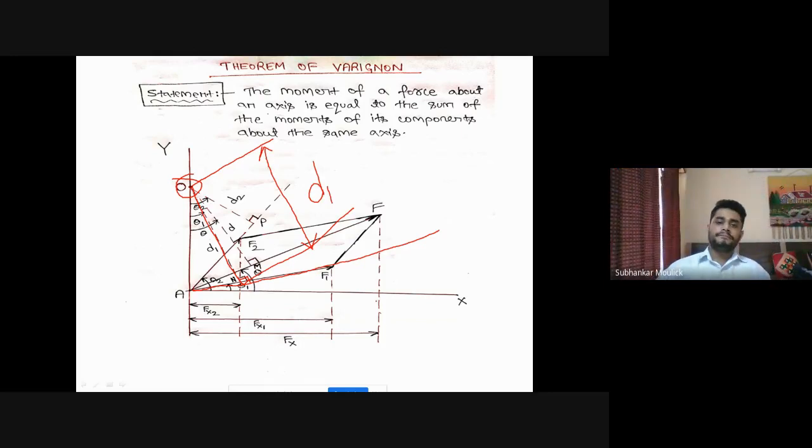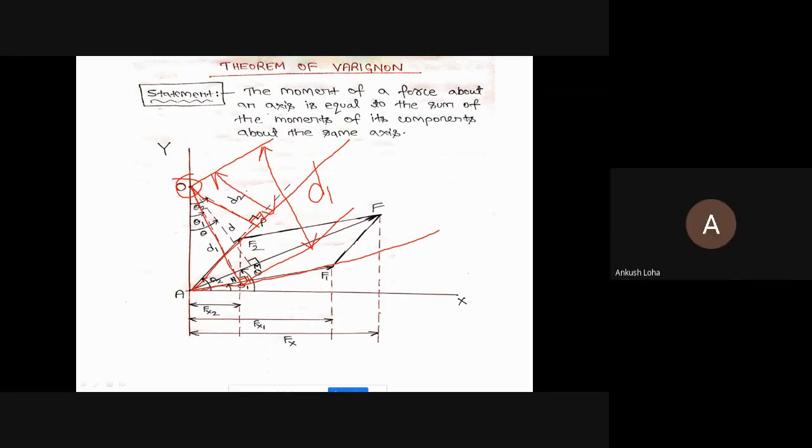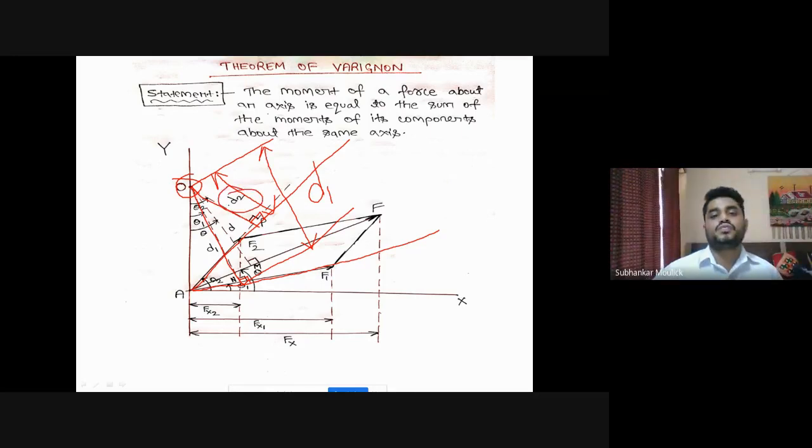Is it clear? Yes, sir. Similarly, for force F2, I am interested in calculating the moment of this force F2 about point O. So from point O, I drop a perpendicular on force F2, and this distance will be d2. Is it clear? Any doubt?